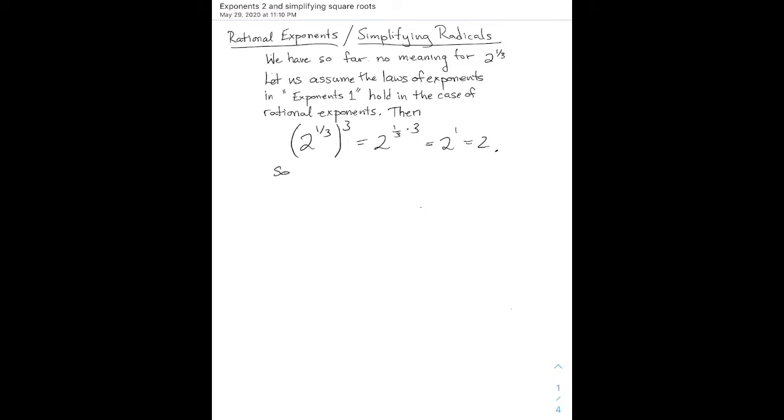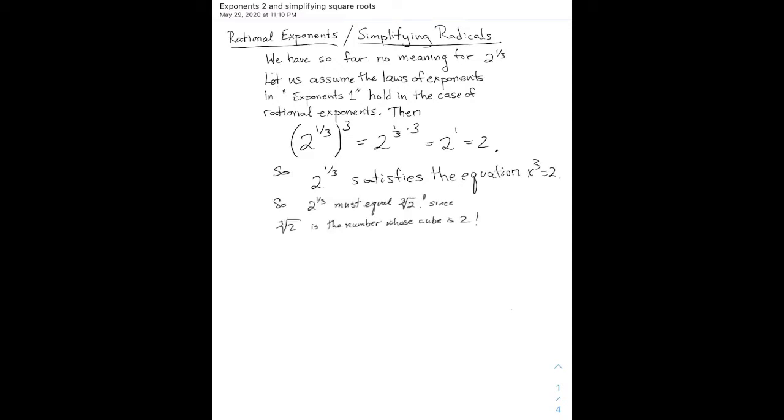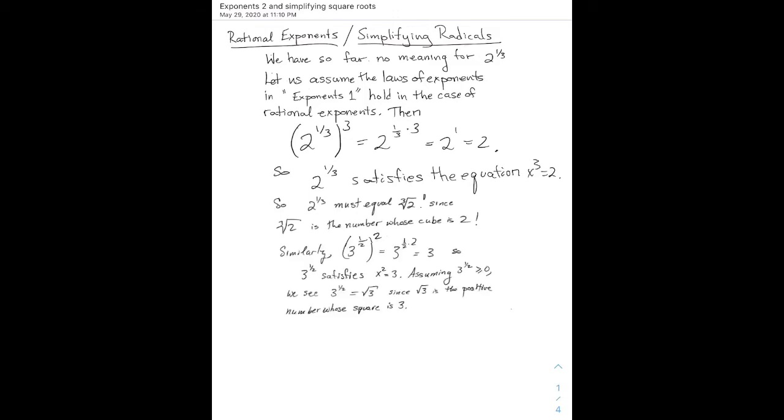So whatever 2 to the 1/3 is, it satisfies the equation x cubed equals 2. So 2 to the 1/3 must equal the cube root of 2, since the cube root of 2 is exactly the number whose cube is 2, which is what that equation says.